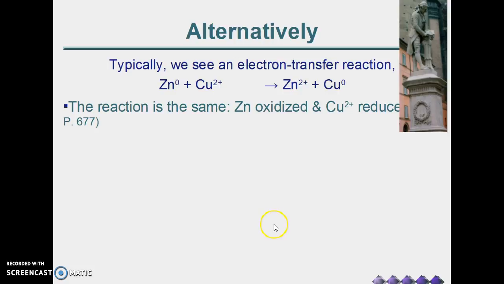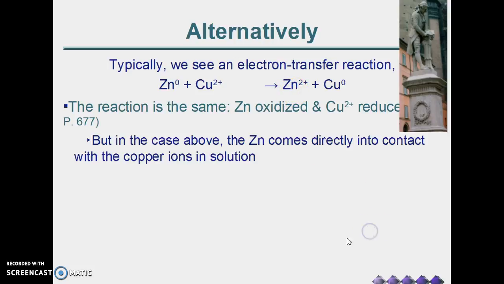Typically, we would see an electron transfer reaction all occurring in the same place. For instance, if you took zinc metal and immersed it in copper nitrate solution, you would eventually see copper depositing on the zinc as the copper ions were reduced to copper metal and the zinc metal was oxidized to zinc ions.